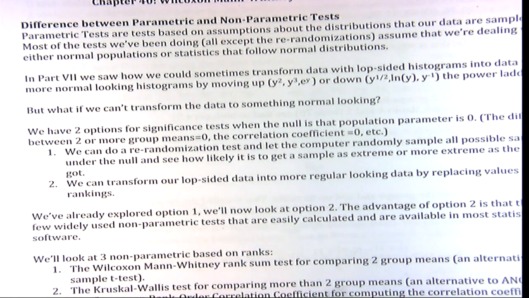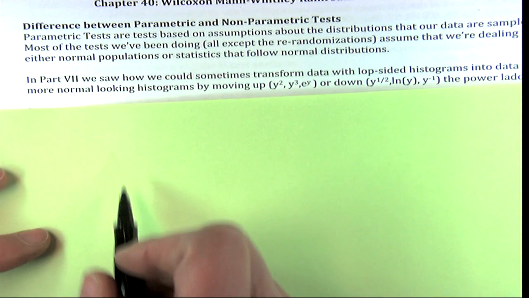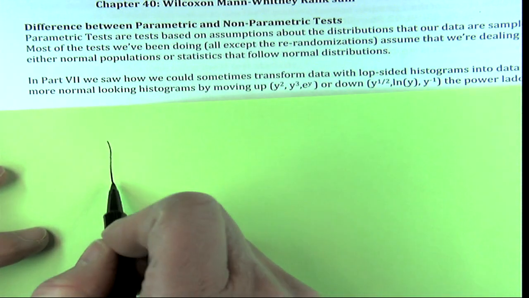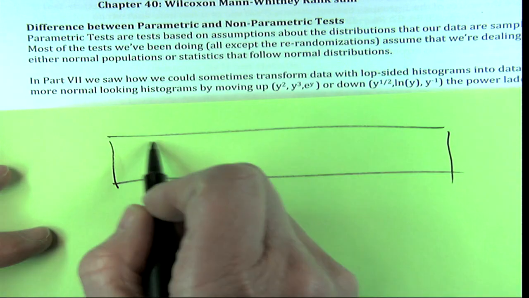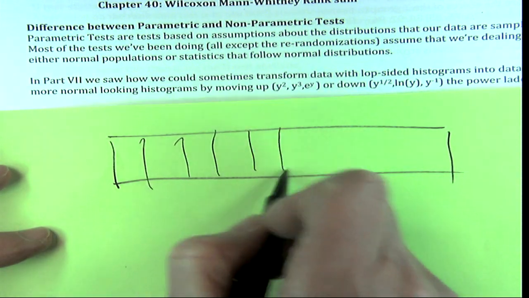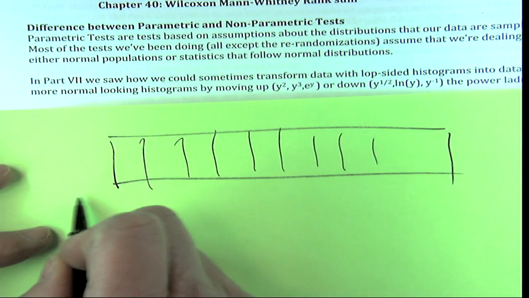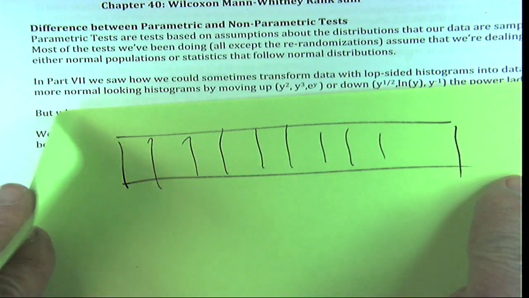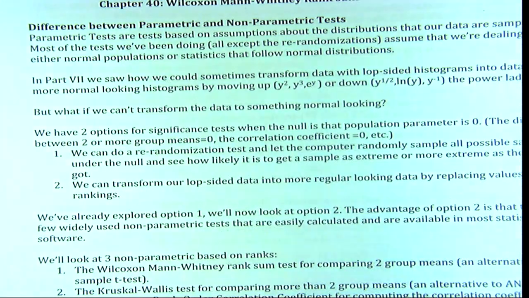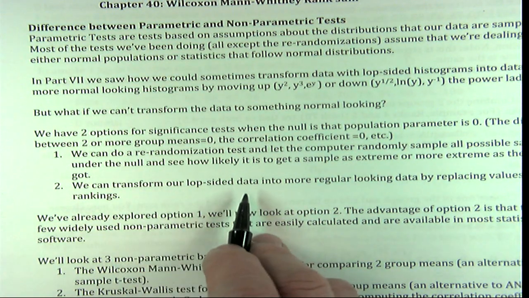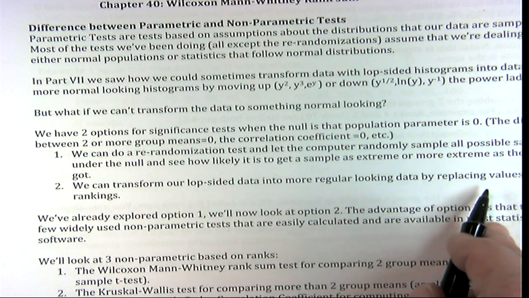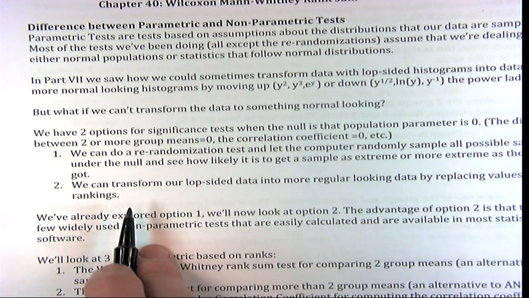The histogram's just going to be numbers between 1 and whatever n, so it's always going to be uniform. That is extremely easy to work with. So we can transform our lopsided data into more regular looking data by replacing values with their rankings.